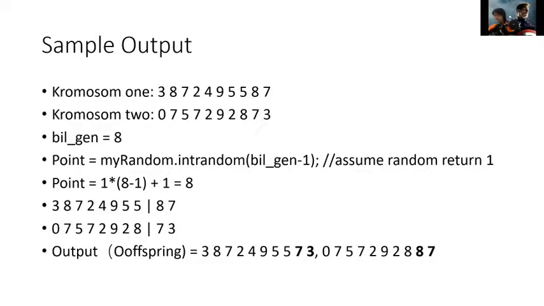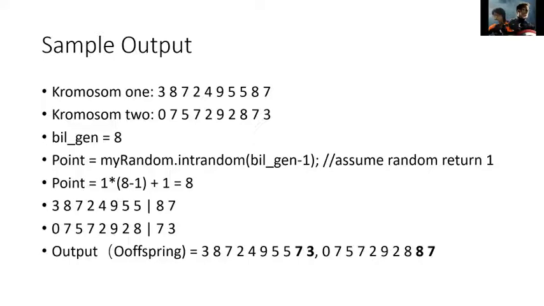So inside my random class, we have a formula like this. If it returns 1, then 1 will be multiplied by 8 minus 7, meaning 1 times 7. So 7 plus 1 equals 8. So we're going to cross at gene number 8. As you can see, I drew a line on chromosomes 1 and 2, and our output, the offspring, will be replacing the last 2 genes between the 2.